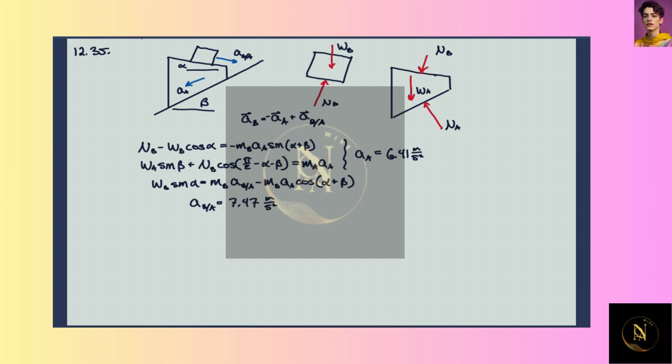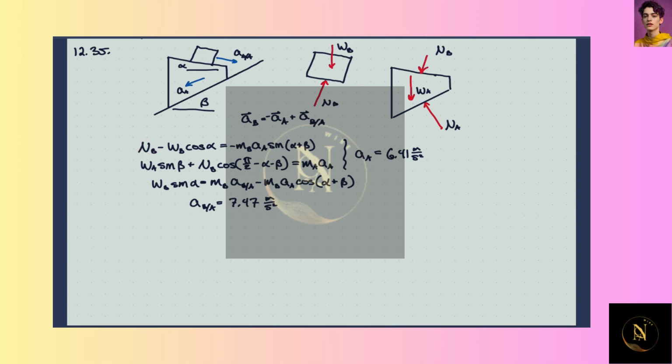Now, if we look at these two equations, we have two unknowns, the acceleration of A and the normal force.